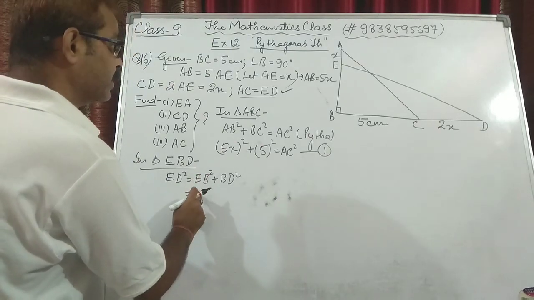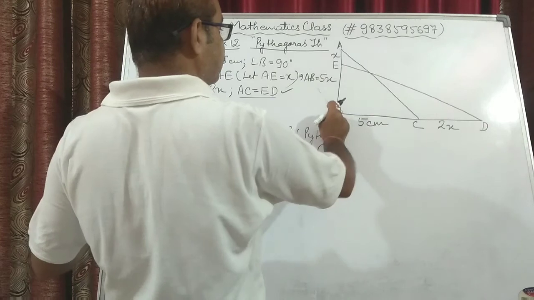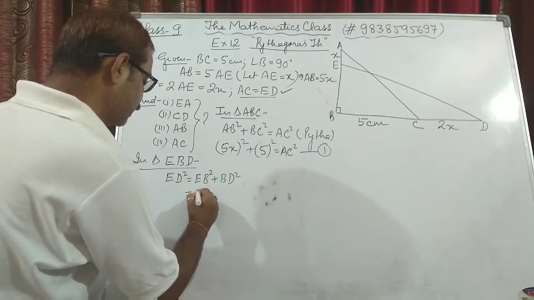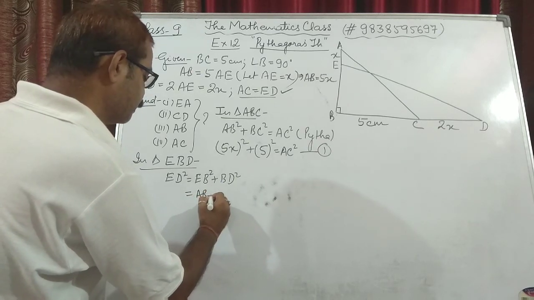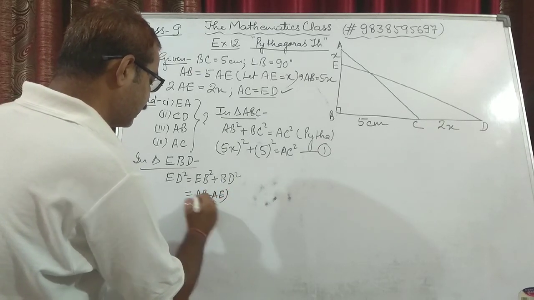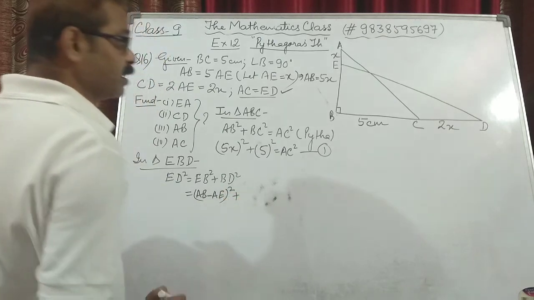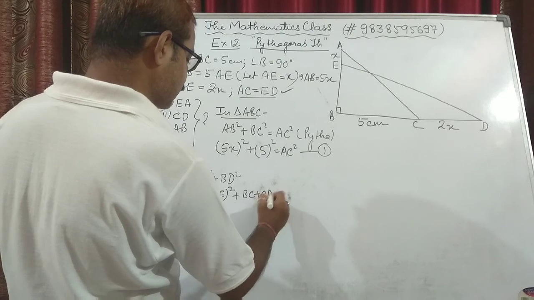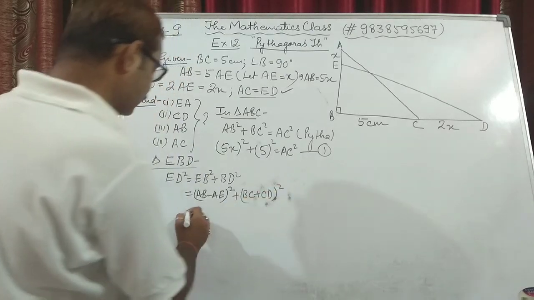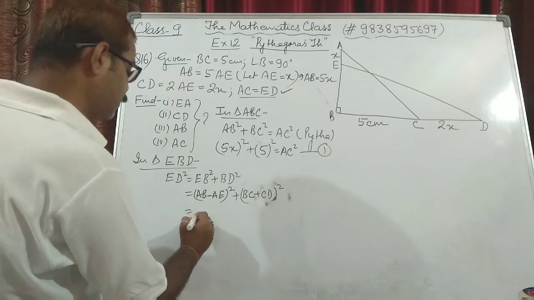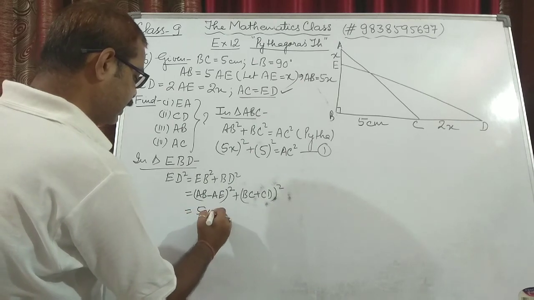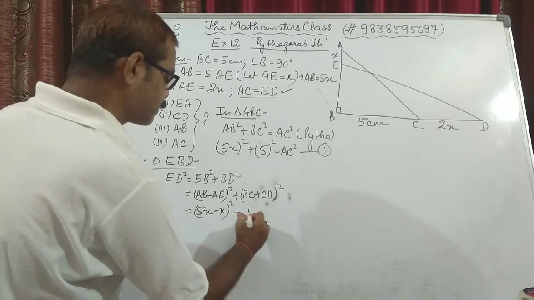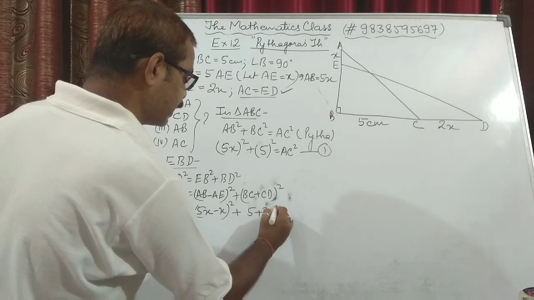This EB will be AB minus AE. So EB squared plus BD can be written as BC plus CD whole square. Just substitute the values. AB was 5x, AE was simply x, whole square, plus BC is 5, CD is 2x, whole square.